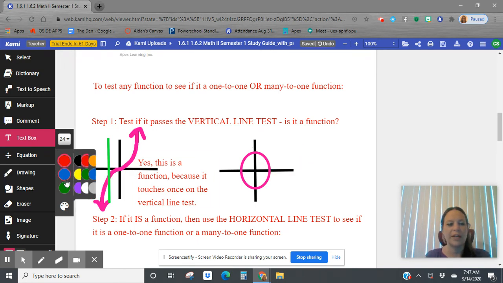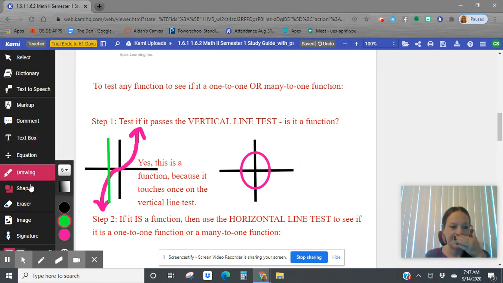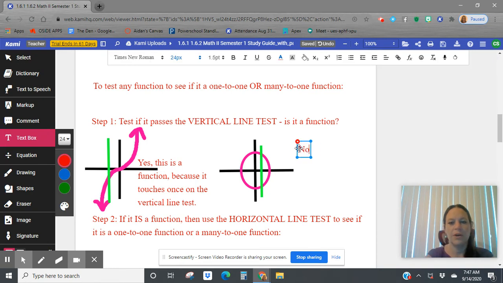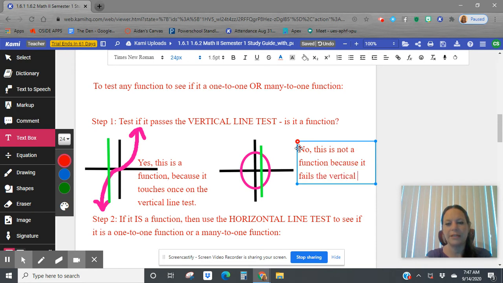Let's go do the vertical line test on this one. Since this one touches twice, no, this is not a function because it fails the vertical line test because it touches more than once.